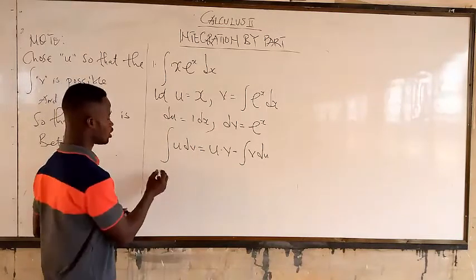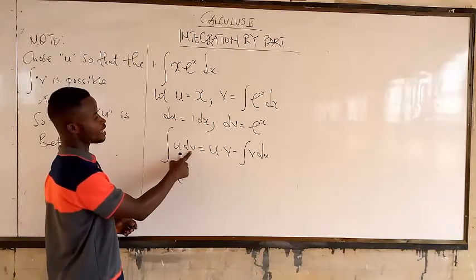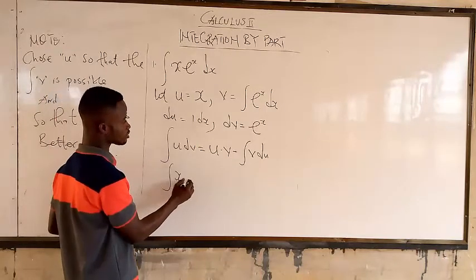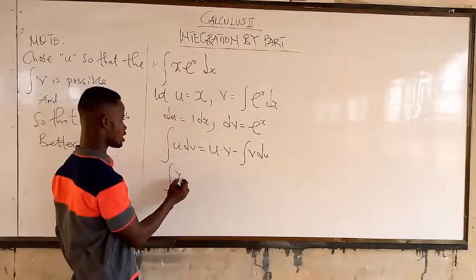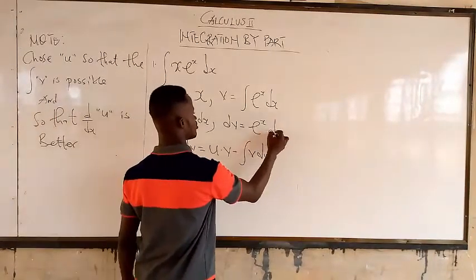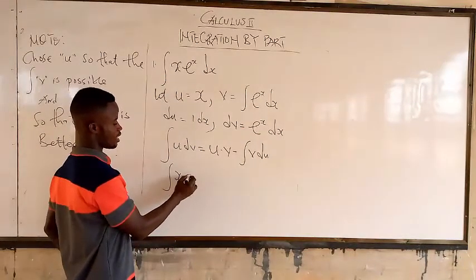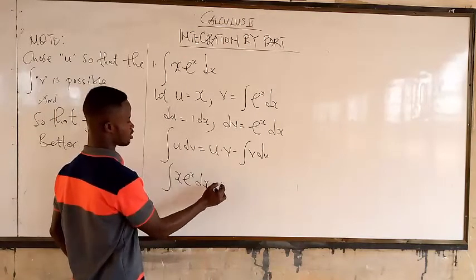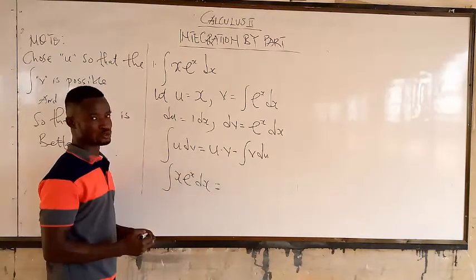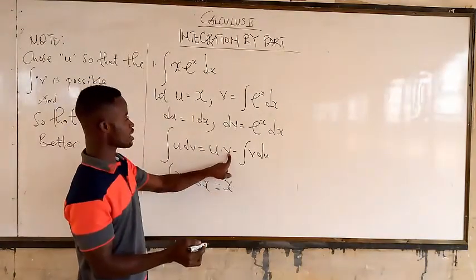So now, u is what? x. And dv is what? dv is e raised to the power x dx. So we are doing substitution. u is what? x.